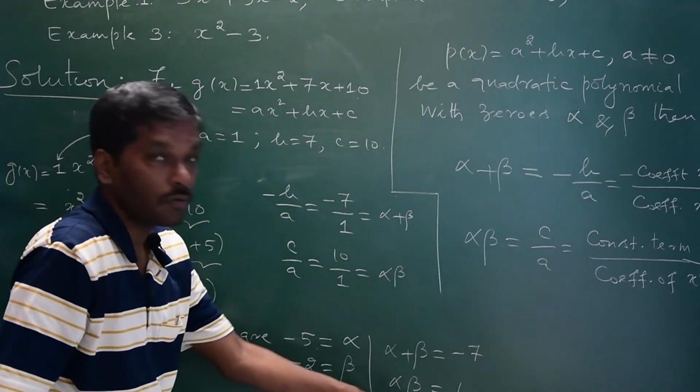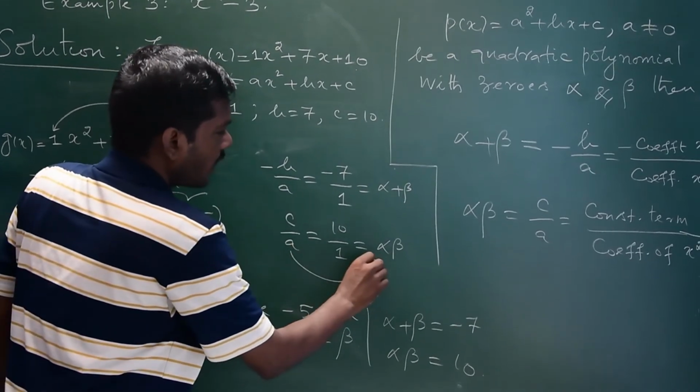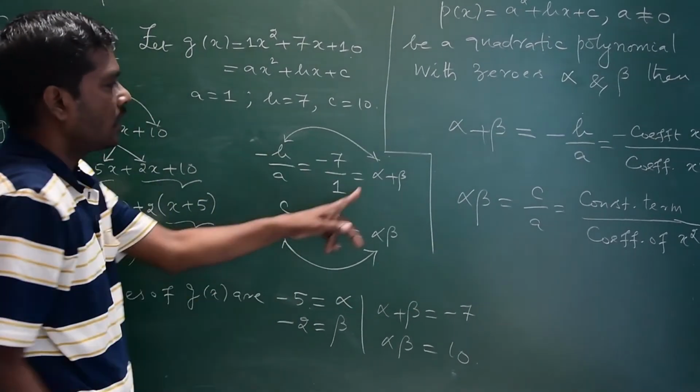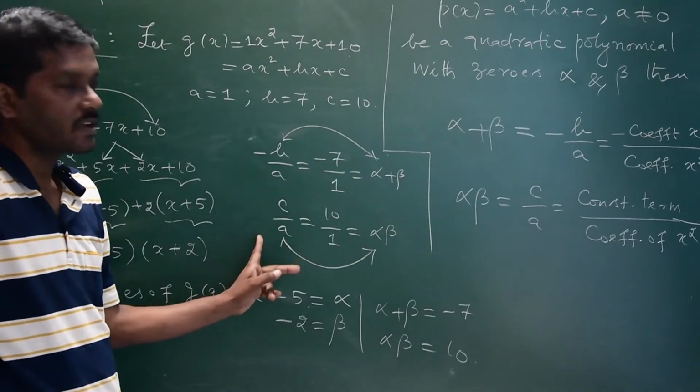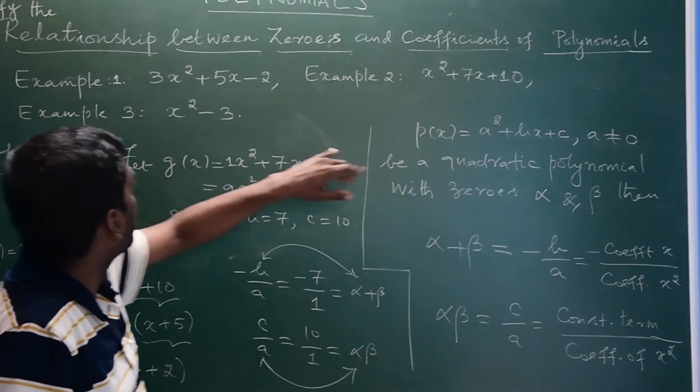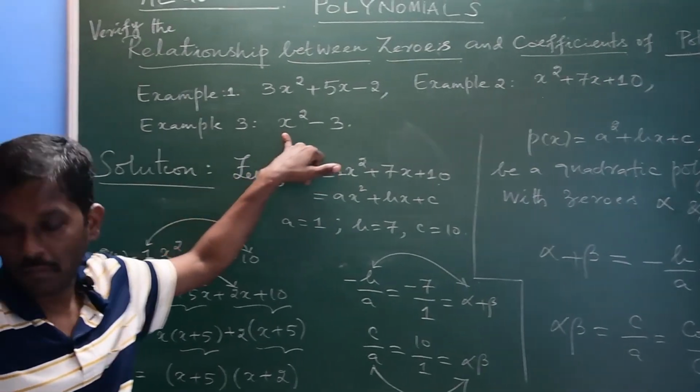So we have verified the relationship between zeros and coefficients for example 2. Likewise, we are going to verify for problem 3 also.